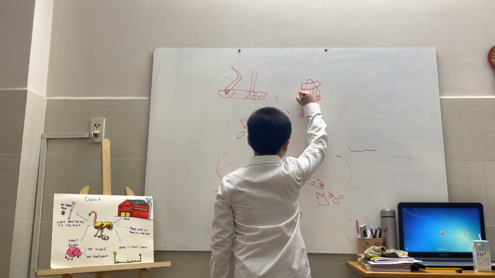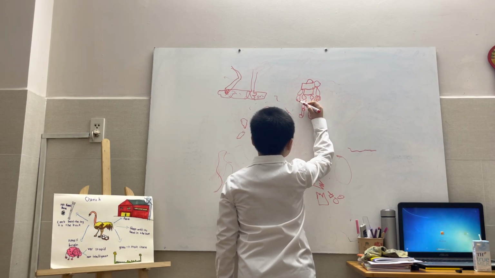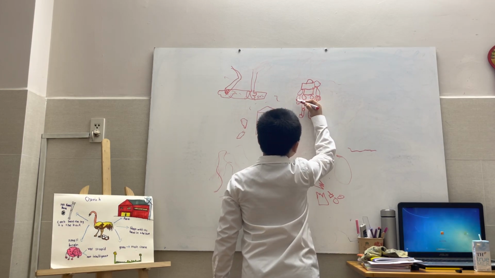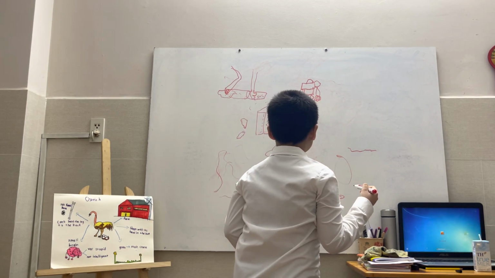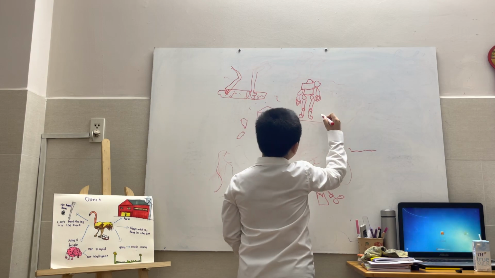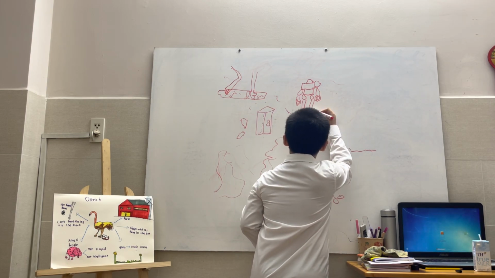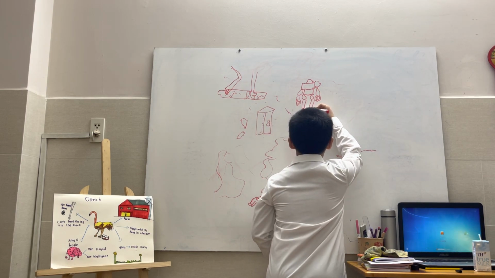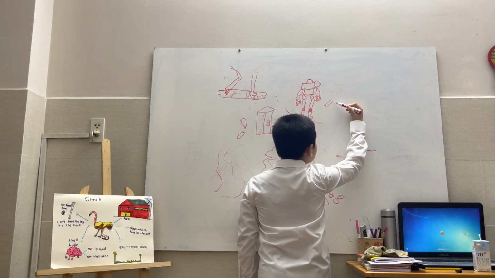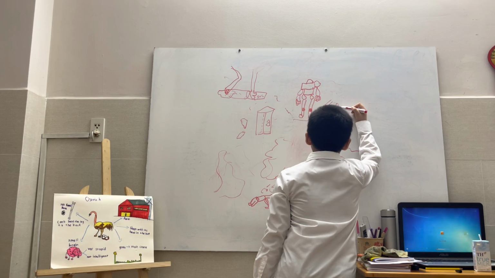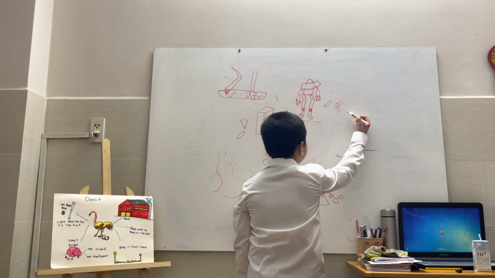Now, look. This is a robot. You see, it has some type of knee. Can it run very fast? No. It cannot run very fast.